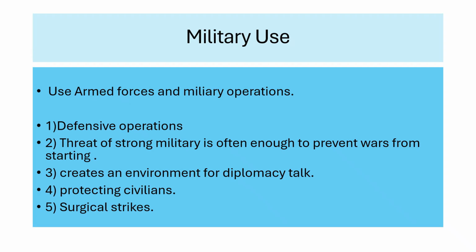So NATO threatens others by strong military, and because of this no one wants to start war with the NATO alliance. And because of this fear, Russia doesn't want Ukraine to join NATO. Okay, I hope you are getting my point.